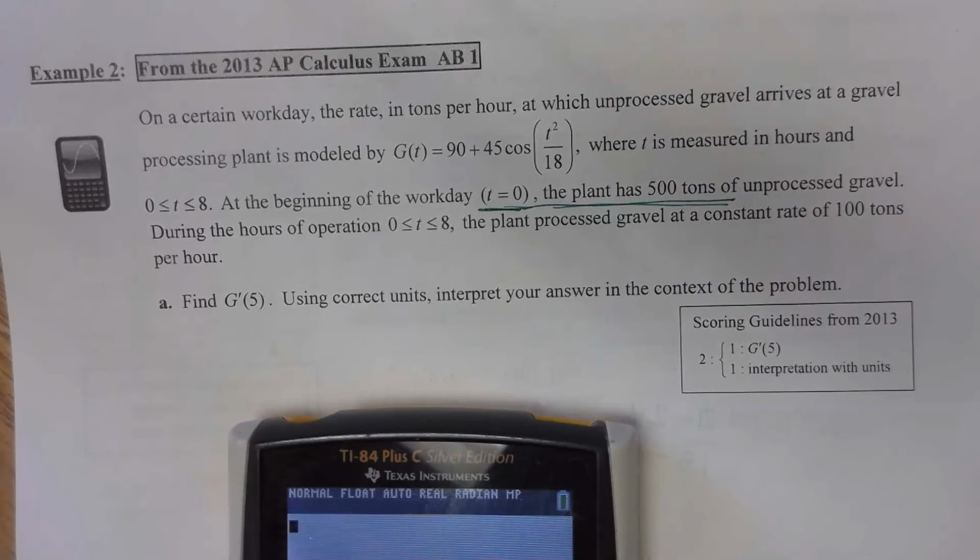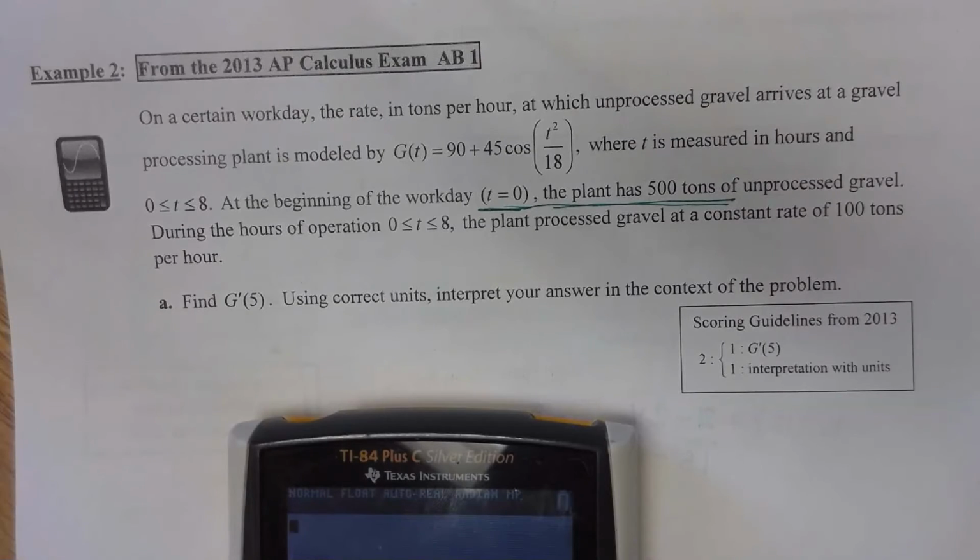During the hours of operation, the plant processed gravel at a constant rate of 100 tons per hour. A constant rate is like our derivative, so it's processing the gravel at a constant rate. Find G prime of 5 using correct units and interpret the answer in the context of the problem.